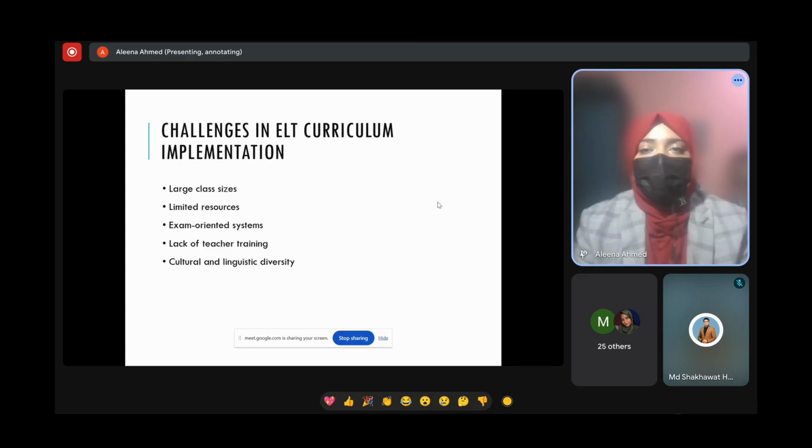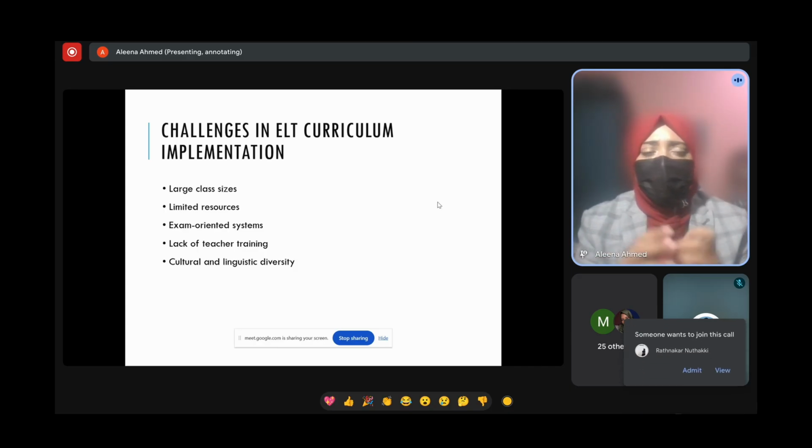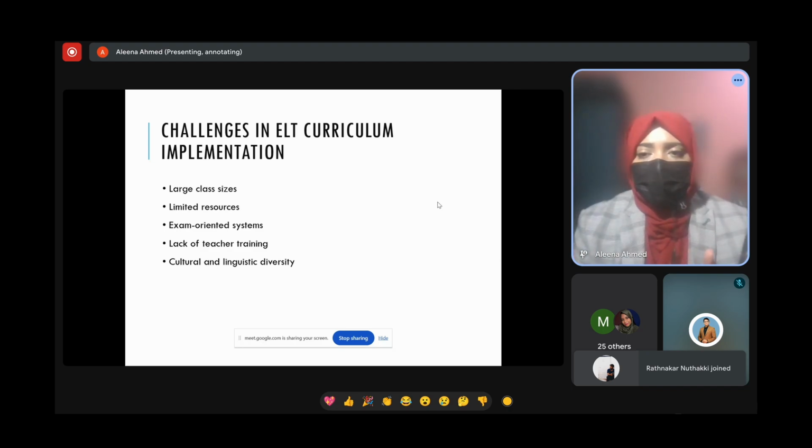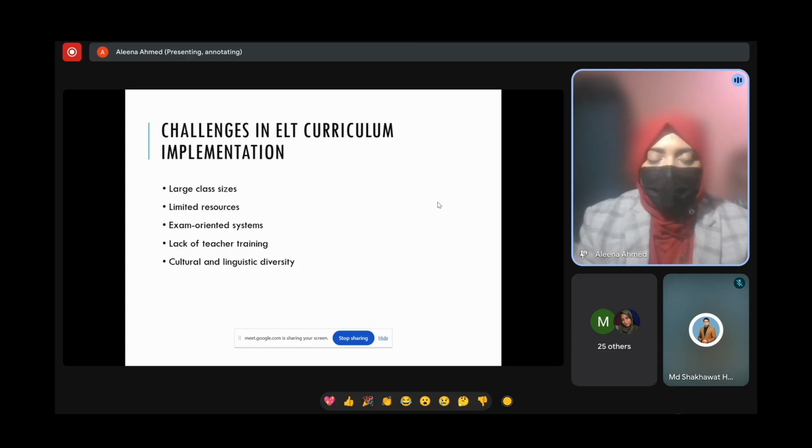Exam oriented system. A few months ago, I heard about Elon Musk, that he created a school of 11 to 12 students where exams were banned, and the students just came in to learn life skills like knitting, cooking, and repairing with tools, right?